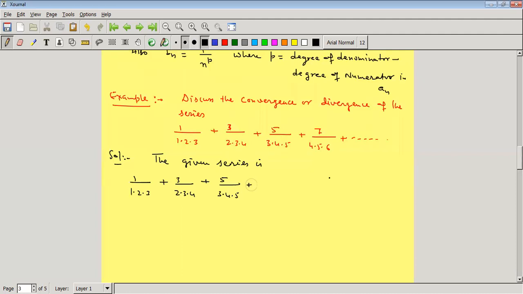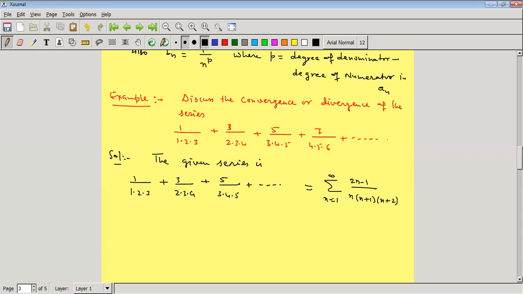So we can write this as summation n equal to 1 to infinity, because the terms in the numerator are 1, 3, 5, so we can write 2n minus 1, divided by n into n plus 1 into n plus 2.